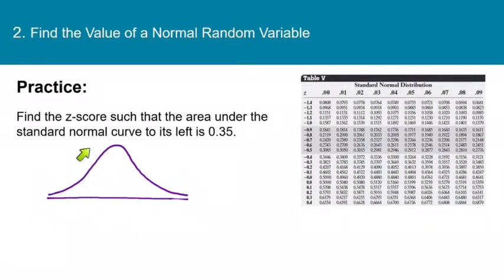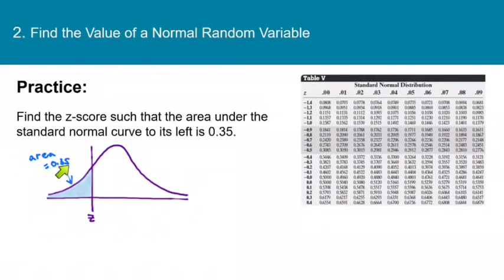So that z-score must be over here somewhere. Draw yourself a line to represent the z-score. Now because it's on the left side of the curve, you know it's going to be a negative z-score. And now shade the area that you're thinking about and go ahead and label it.